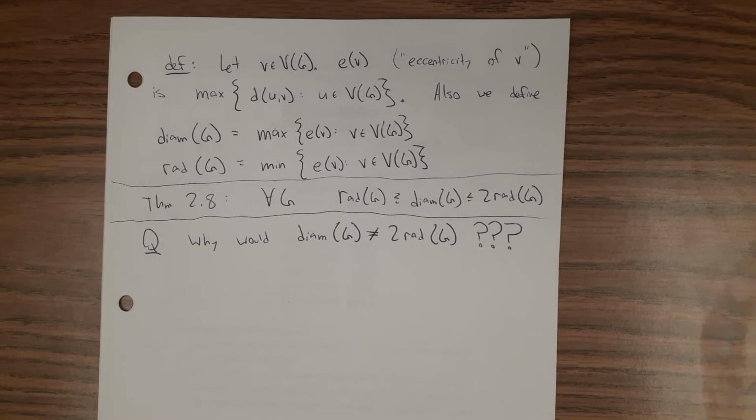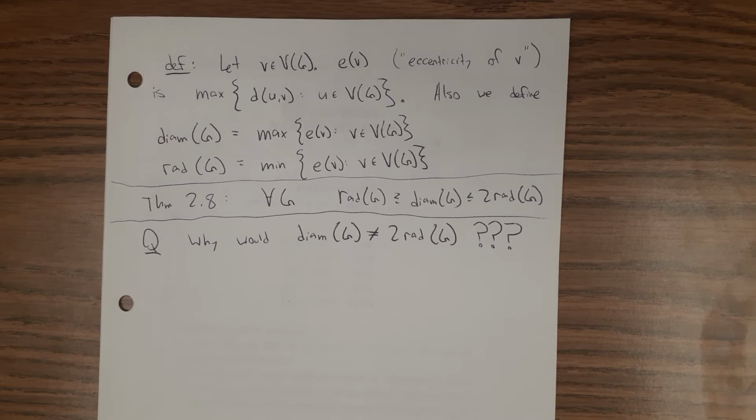So what I'd like to do is talk about why our intuition can fail, intuition that just comes from the fact that diameter and radius are loaded words.